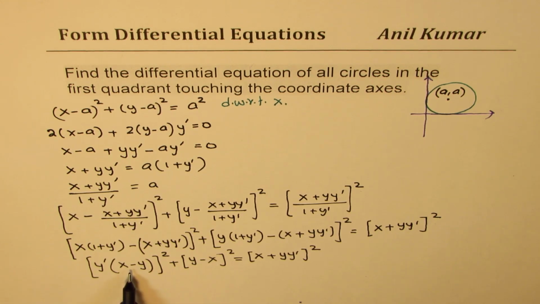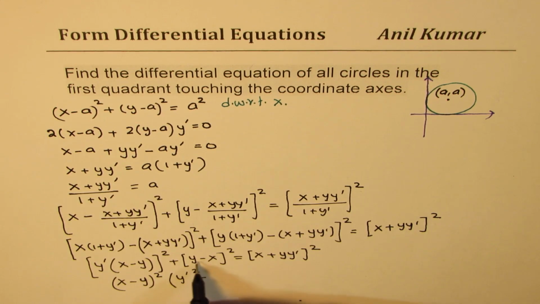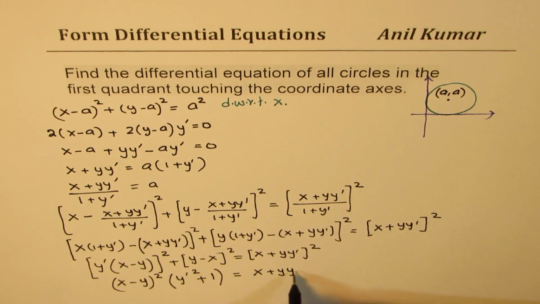And so what we get here is (x minus y) whole square, so that is common. And what we get here is (y prime square minus 1), because we took this square as common, (y prime plus 1), equals to (x plus y prime) whole square.